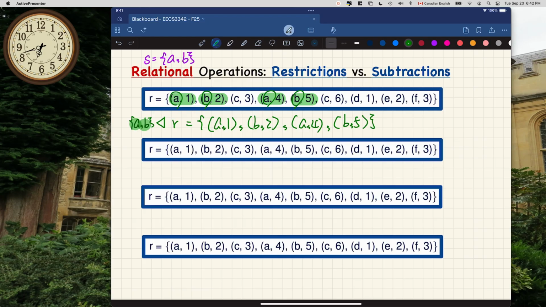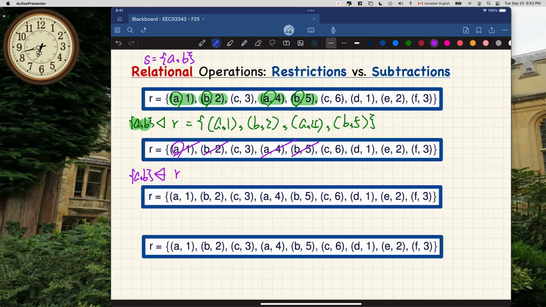Let's compare and contrast right away. What if I say domain subtraction? If I say R domain subtracted AB, we're doing the opposite. Any pair where the first element is either A or B, we get rid of. So get rid of this, this, this, and this one here.